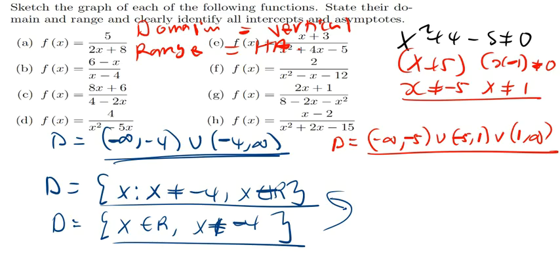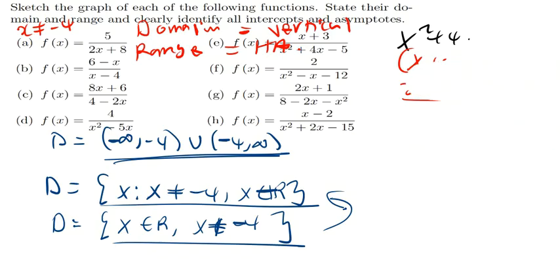So for question 1, we found that the domain was x is not equal to negative 4. When we come back and start talking about the asymptote, you should not be confused, because for the vertical asymptote, instead of saying not equal to, we will say x is equal to negative 4.